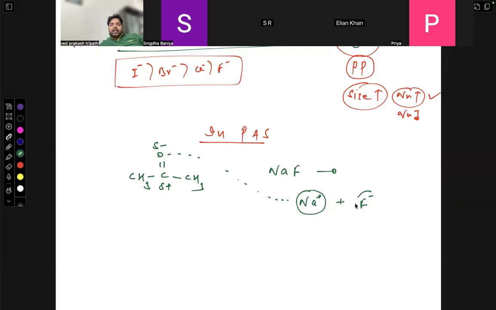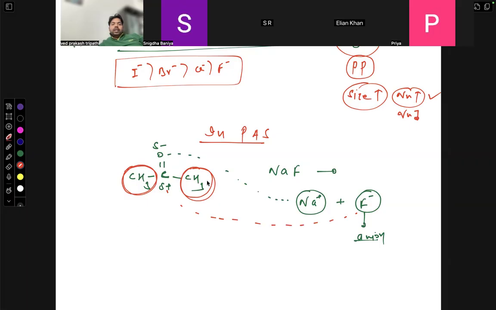But this anion, here you have a positive charge. Because of steric crowding around the carbon, you can see two bulky groups around the carbon, so this solvation is not good here.